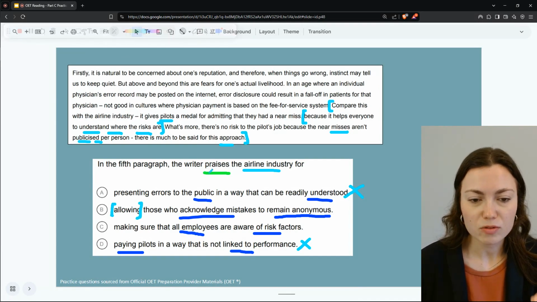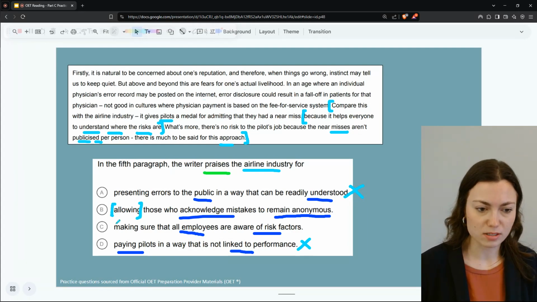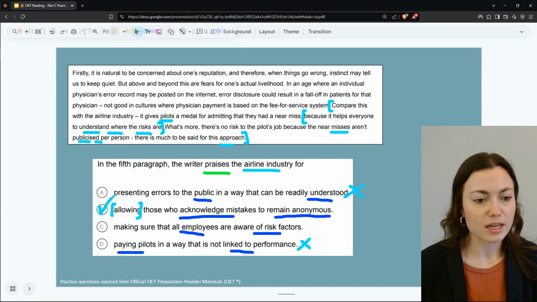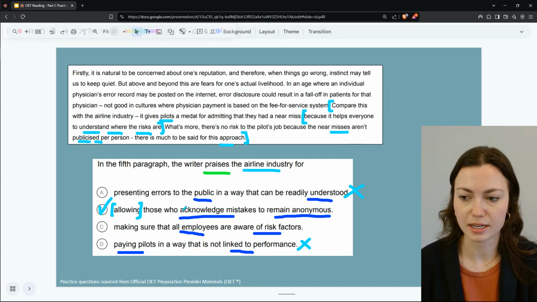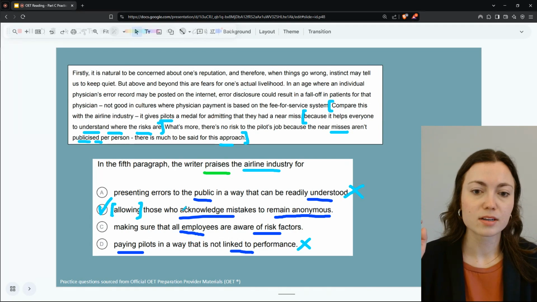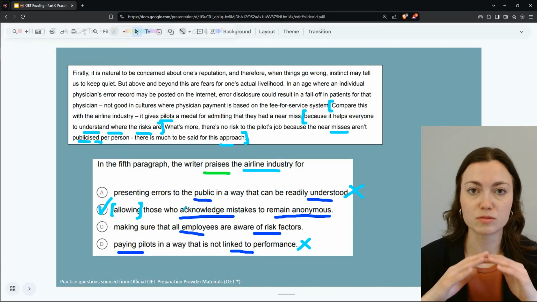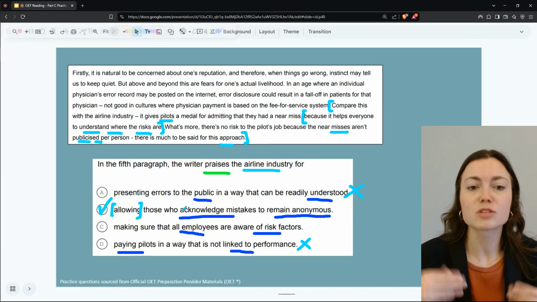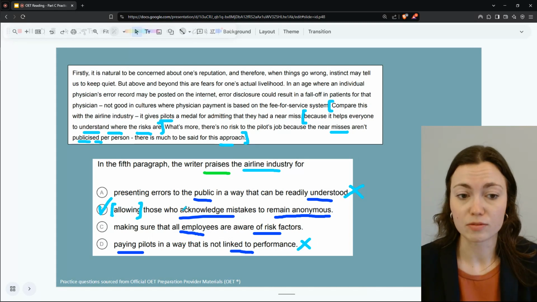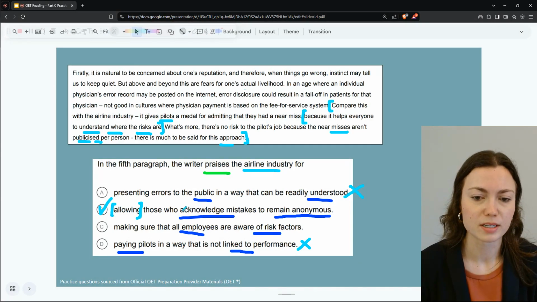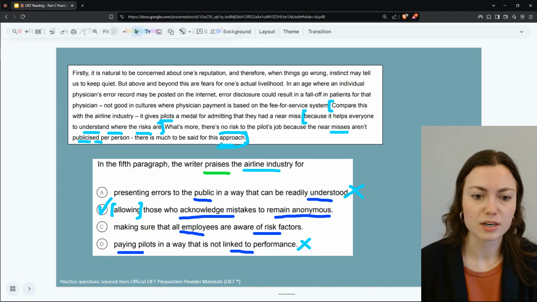So be careful with actions that are actively done versus results. Our answer here is pointing to B because they are actually allowing or creating it. Now the airlines aren't necessarily informing all the employees for no reason. It's a result of the fact that because these mistakes are admitted, everybody becomes aware of it. So that's really tricky. And I think, again, the key words in here are this approach.